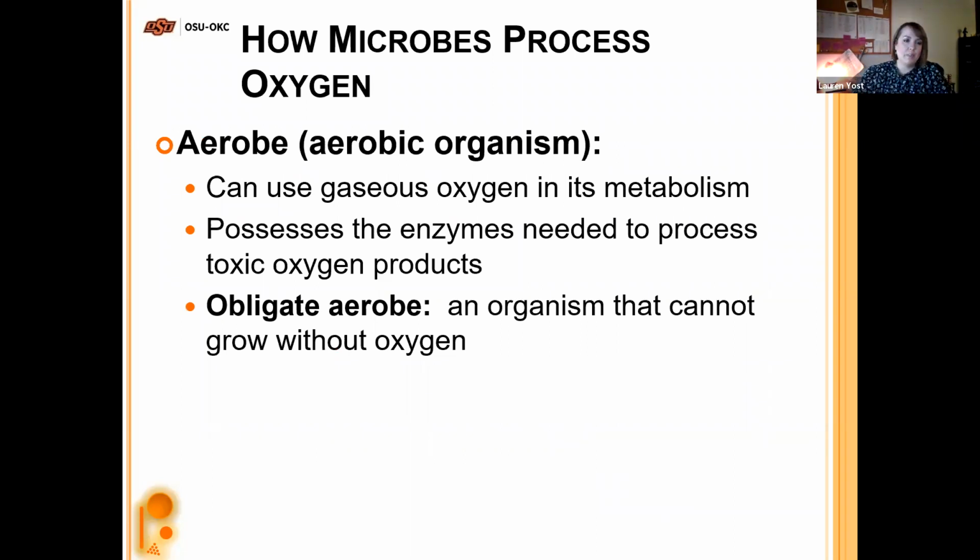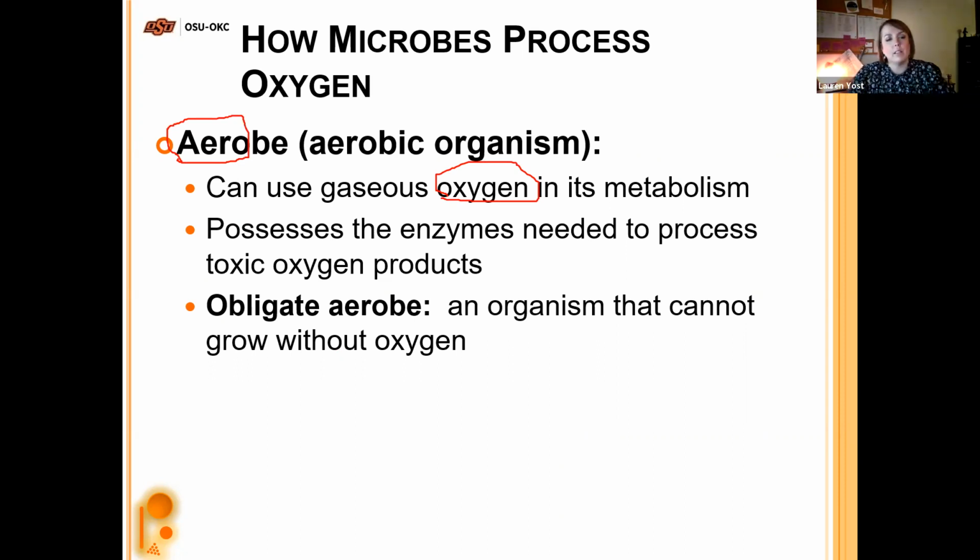Okay, so aerobes. Aerobes can use gaseous oxygen in their metabolism. So we talked about this. Aero literally means air, meaning oxygen. It's okay to live out in the air. They possess the enzymes that we just talked about. If you deal with air, then you have to have something like that to protect yourself.